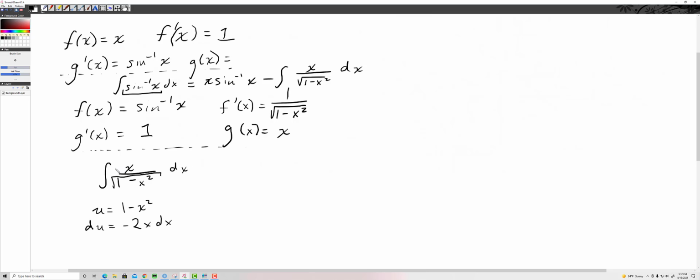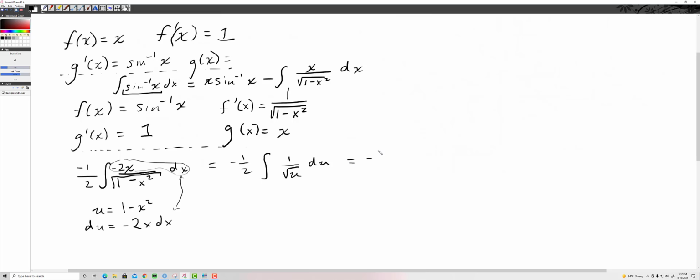I have x dx, but I could put a minus 2 out here, and then I could do a minus 1/2 out here to cancel those, and that gives me my du here, right? That's my du, see? And I have to keep that minus 1/2, and then this is just 1 over the square root of u, du, right?